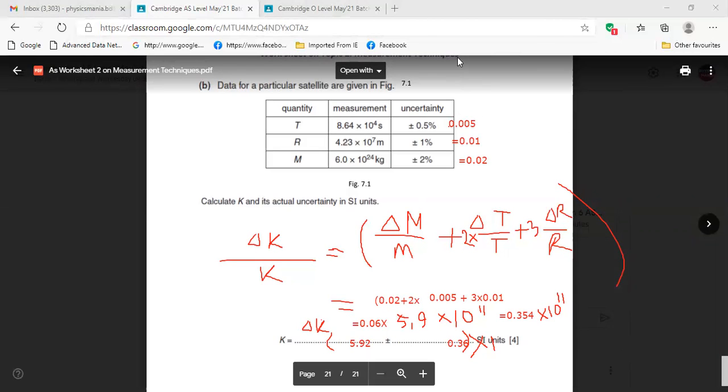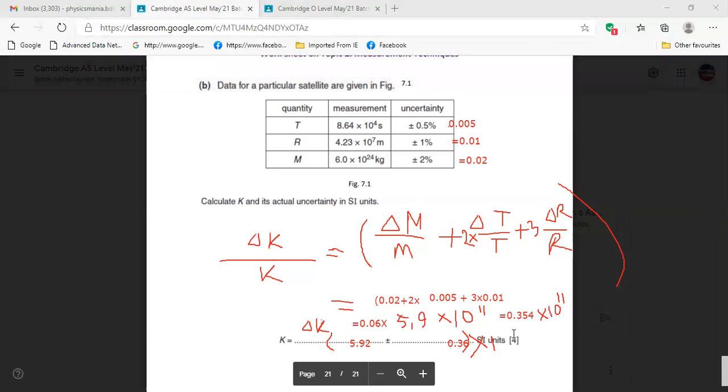I did not understand the last part, sir, how 5.92 and 0.36 come. Okay, look here, you got there 0.354. For my calculation I got 0.355, that's why I wrote 36.